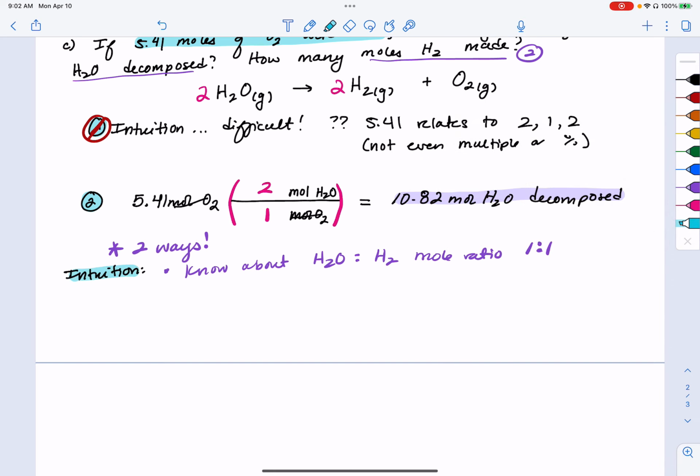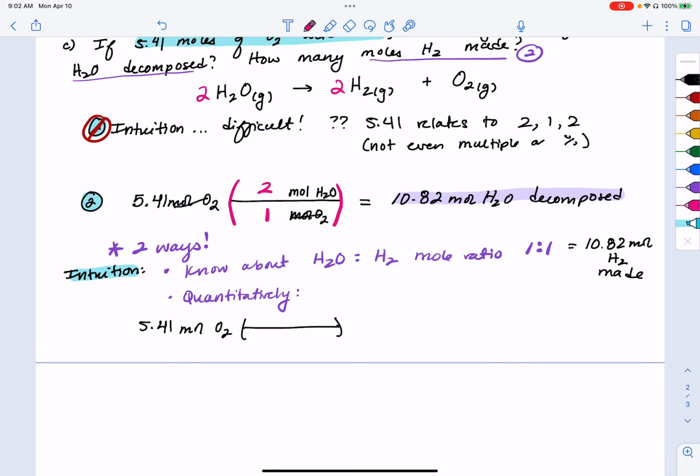Or I could, again, demonstrate this quantitatively. So I could say that for 5.41 moles of oxygen generated, now I would need to look at the mole ratio that exists between oxygen and hydrogen. So instead of looking across the reaction arrow for mole ratios, I'm just looking at mole ratios of things that are made on the same product side.